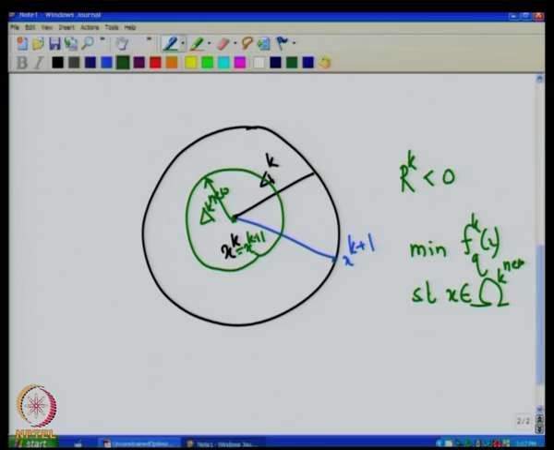So, that way we make sure that the function value does decrease at the end of every iteration. So, this method is called trust region method.